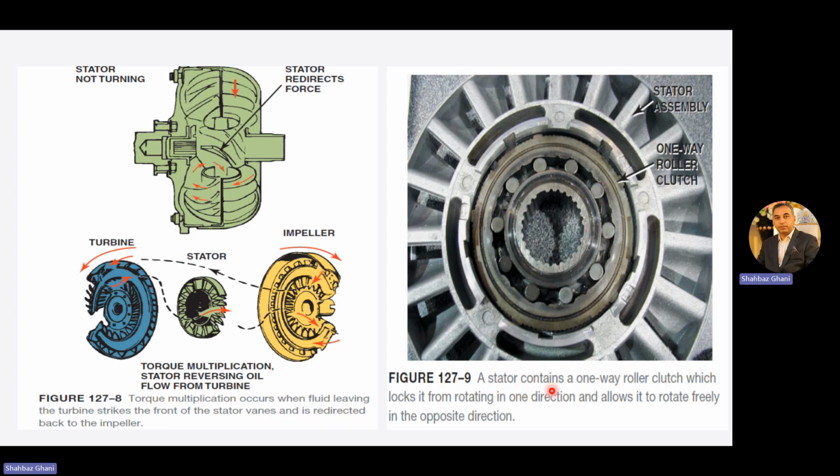A stator contains a one-way roller clutch which locks it from rotating in one direction and allows it to rotate freely in the opposite direction. This is your stator assembly and this is your one-way roller clutch. If you see, we have these rollers here, and the rollers have a specific slot here.